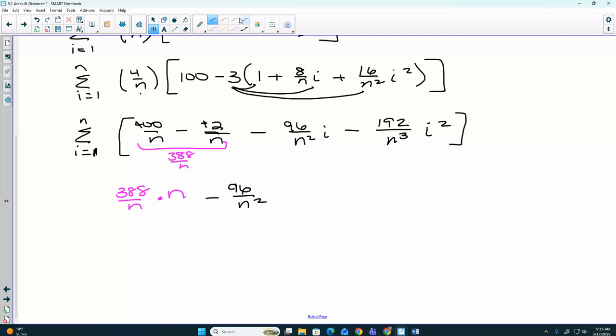Okay, when I add up i, what's the formula for i? I squared. What is the formula for i squared?